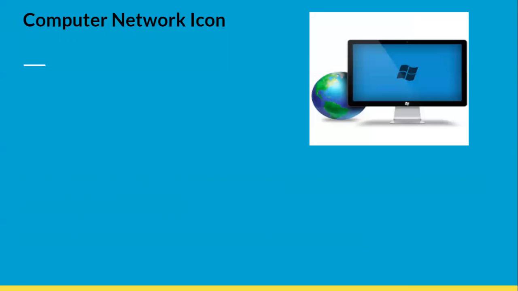Millions of computers are attached to each other through this network. So we can share files, messages and mails with each other. All that we are sharing is there in the computer network icon.